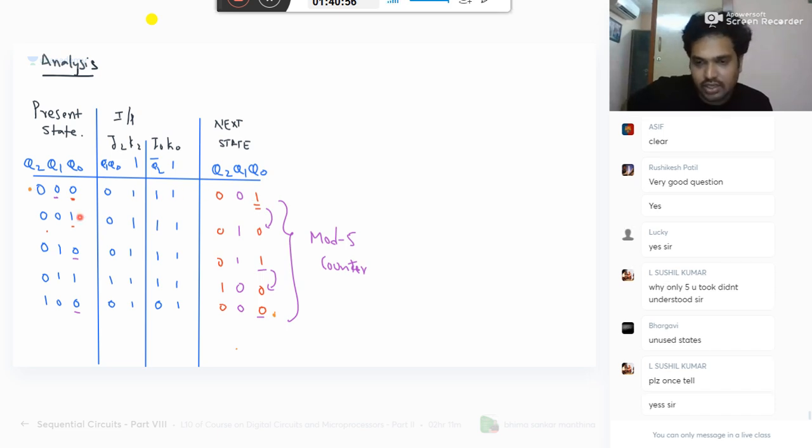Now I took this 1 here and I got 2. I took this 2 here, I got 3. Whatever number I get, I take that number here. I took 3 here, I got 4. I took 4 here. Whatever you get next, that should be taken here, because you don't know yet what states we have. After 4, what you got is 0, which means it is repeating the same cycle again. So it is counting from 0 to 4 only. That's why mod 5.